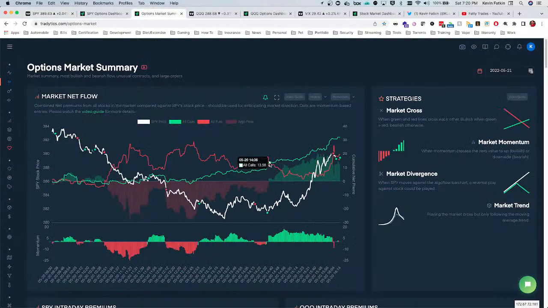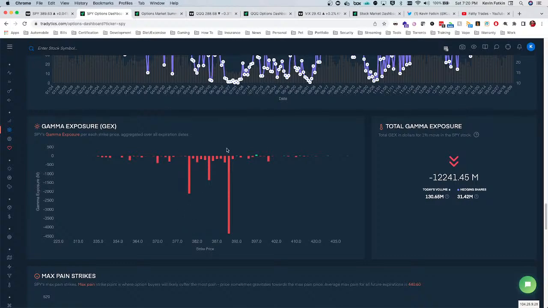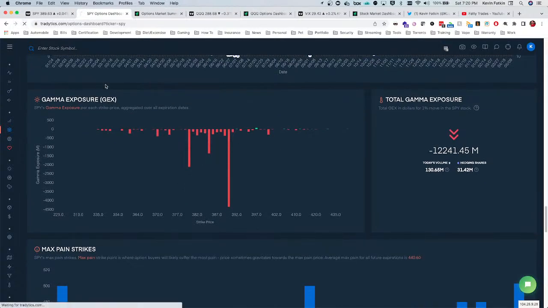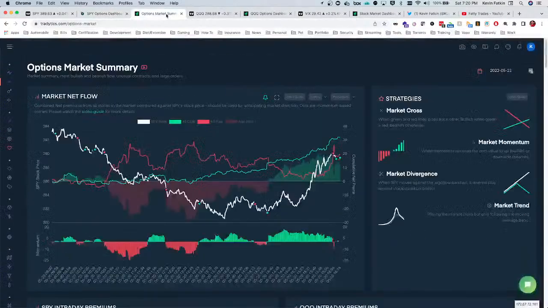And then once we had this market net flow cross, boom, it shot up, which was pretty amazing. With Tradytics, they do update throughout the day, so make sure you refresh this page. That was a great question, so hopefully that helps. Keep an eye on both these things. Other services do not.